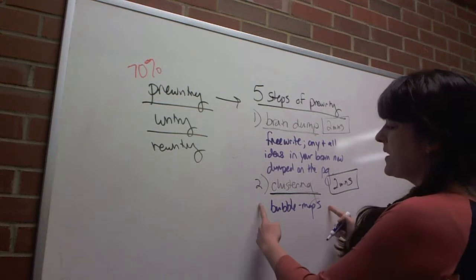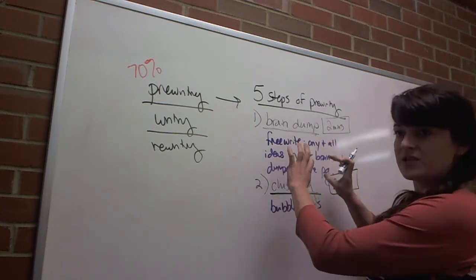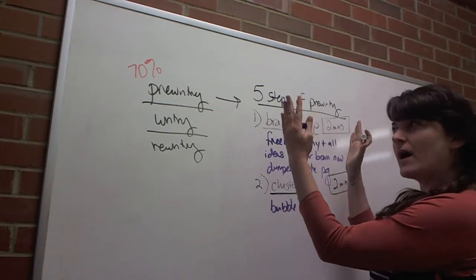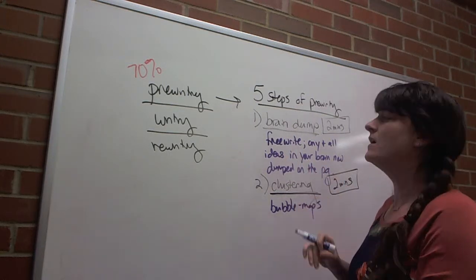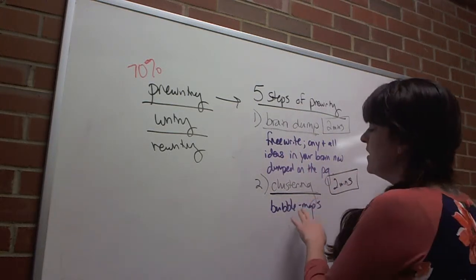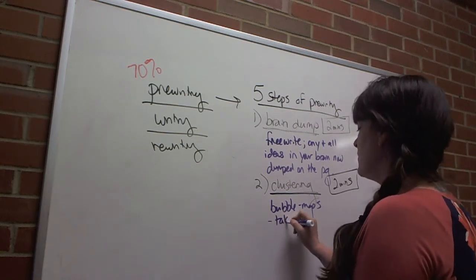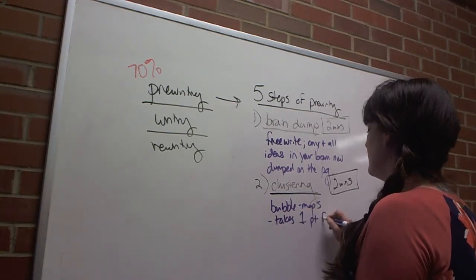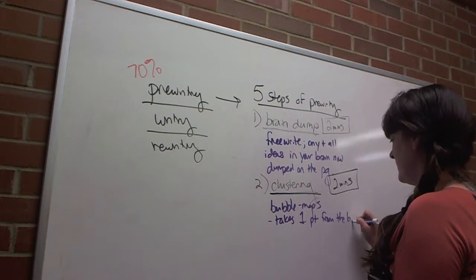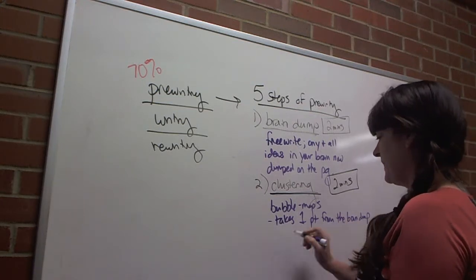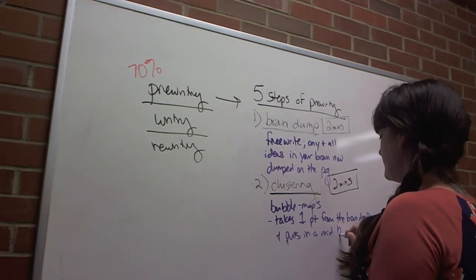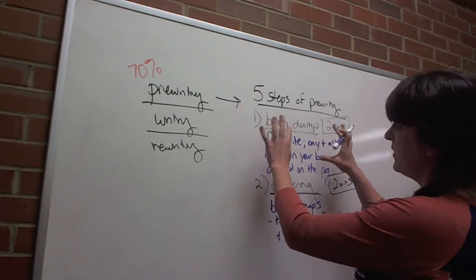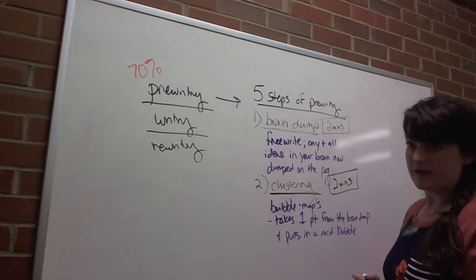The thing to remember about clustering is while brain dumping is just anything and everything, you're trying to focus on a topic, but you don't have to stay on topic, because you're just trying to dump everything out. A bubble map takes 1 point from the brain dump and puts it in a middle bubble. So you take 1 point from your brain dump and you put it in the middle bubble.